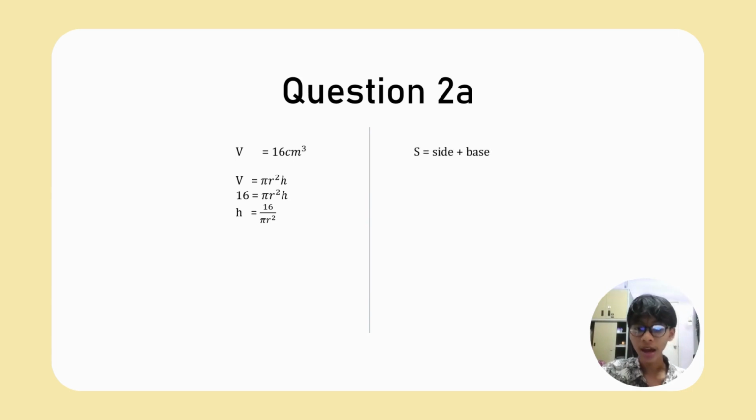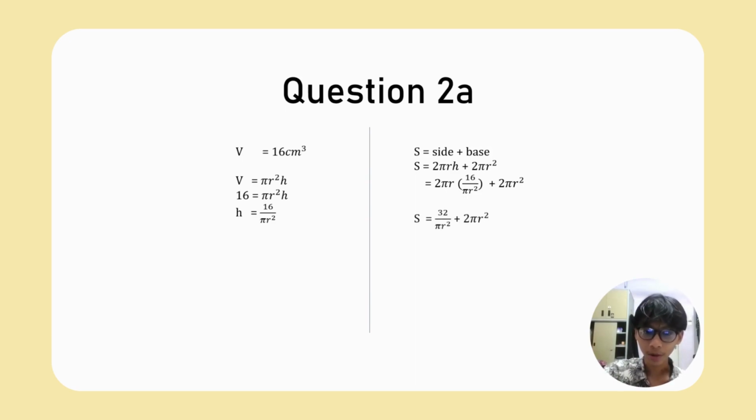Surface area is equal to side plus base. So S equals 2πr times height plus 2πr². We know that h equals 16 over πr², so we insert the value of h into the equation: 2πr times 16 over πr² plus 2πr².